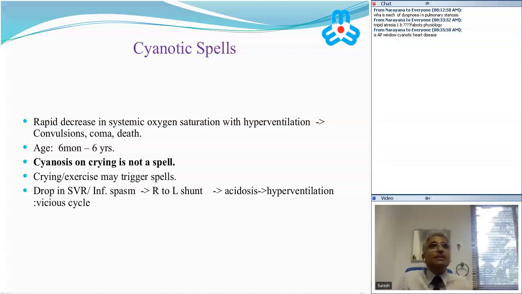It also means that there is acidosis because when there is hypoxia, the tissues need to work under anaerobic circumstances. So as a result, lactate is produced and there is acidosis. So a greater right to left shunt means a drop in saturation as well as acidosis. And remember, both these can stimulate the respiratory center. And the respiratory center responds by hyperventilation.